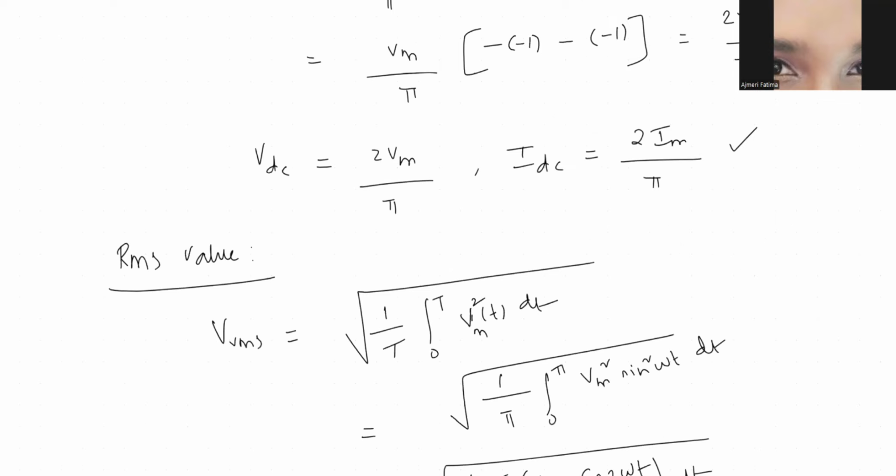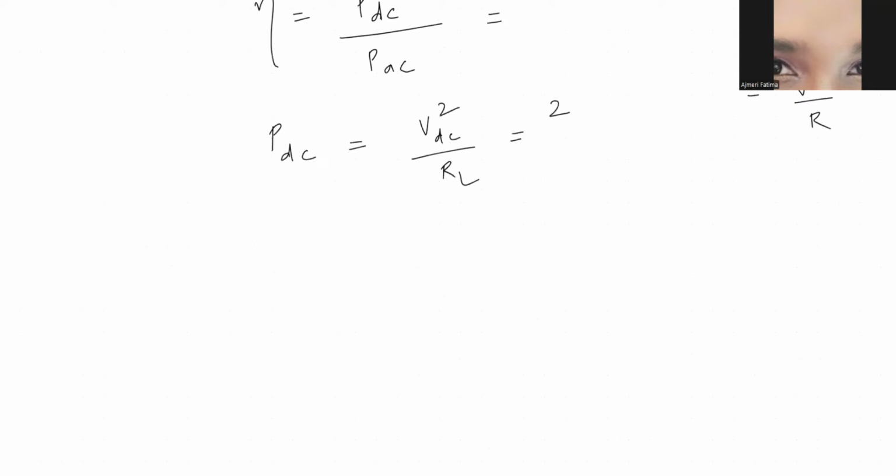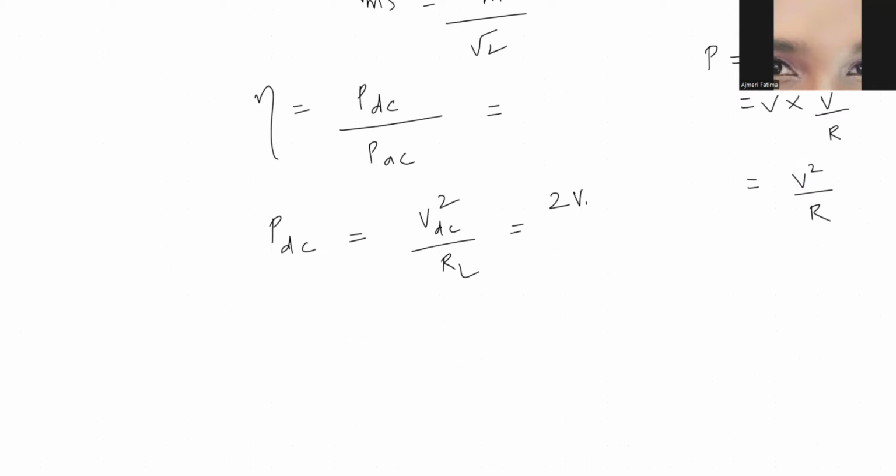So 2 Vm by pi whole square divided by RL. So it would be 4 Vm square by pi square divided by RL.